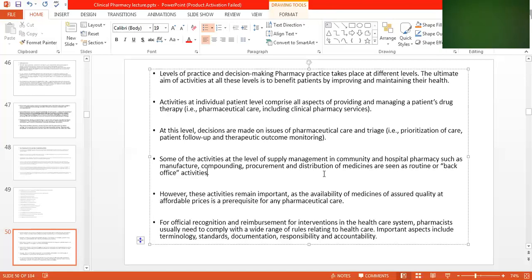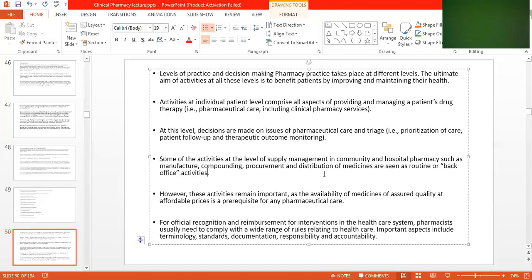For official recognition and reimbursement or intervention in the healthcare system, pharmacies usually need to comply with a wide range of rules relating to healthcare. Means the pharmacist has to follow certain rules and regulations according to the FDA and other organizations that take care of pharmaceutical care. So important aspects include terminology, what terminology you are using, and standards which are given in certain books.